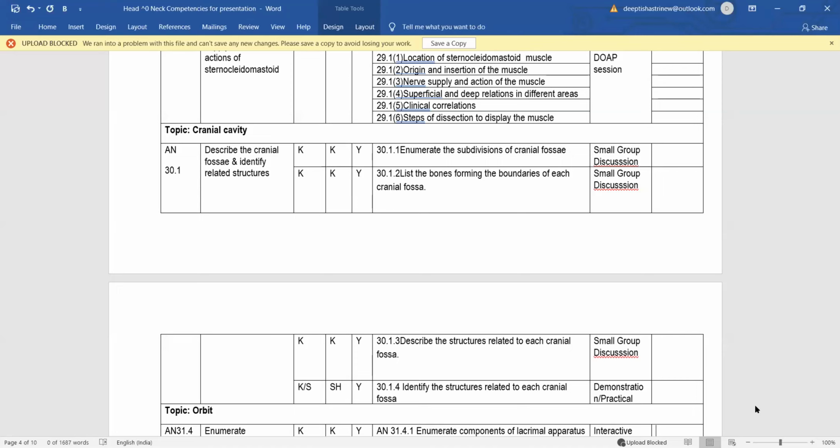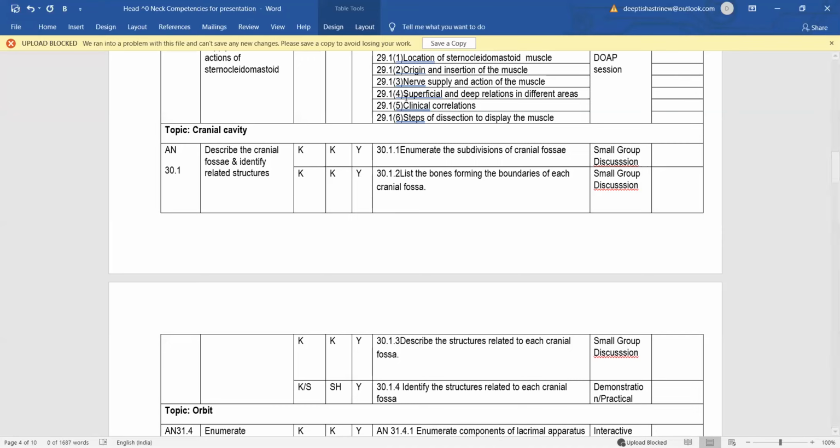Whereas in the osteology part, we can mention identifying the foramina in a bone or something like that. The condition can be mentioned, so it can be differentiated.